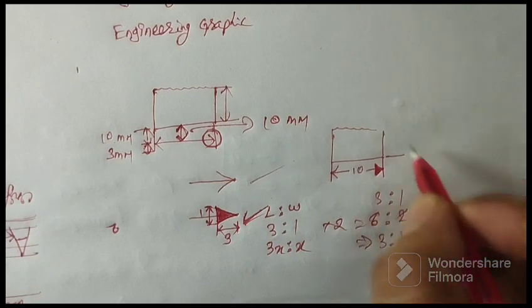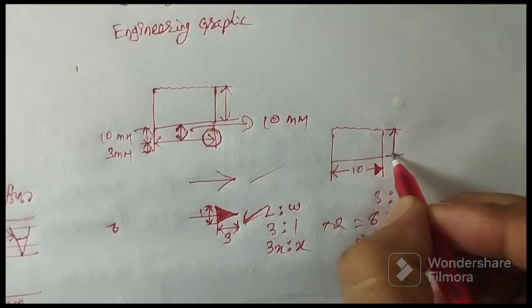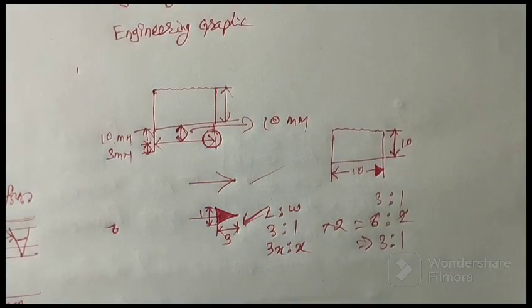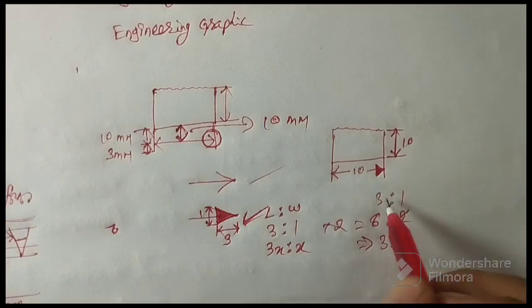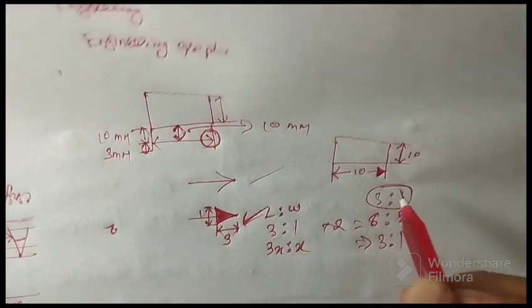In this way also, or I could make it totally solid and write 10 here. So it depends on which one your lecturer, faculty, or professor who is teaching is saying, that you can follow, and see that the ratio of the arrow is always 3 to 1.